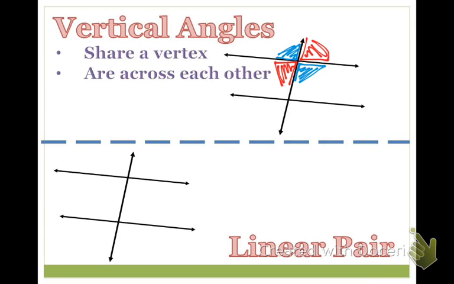All right, what do you think we do with the bottom intersection? Same thing. This top left angle will be vertical to this angle over here. And then these two angles.